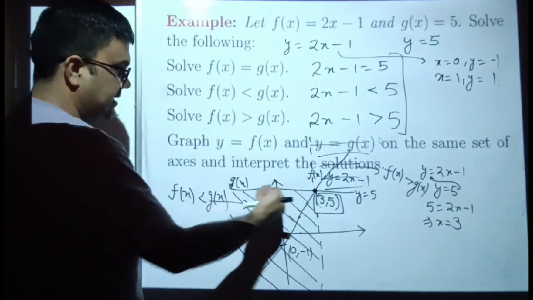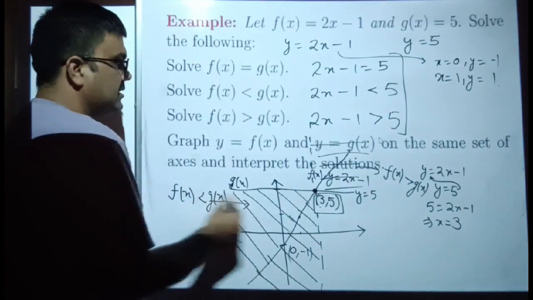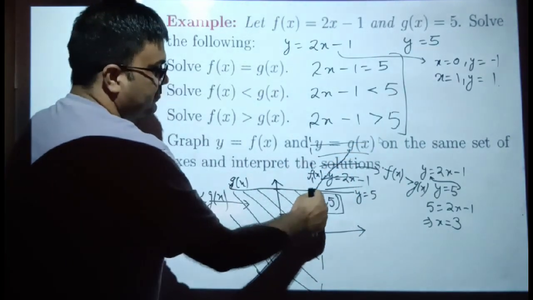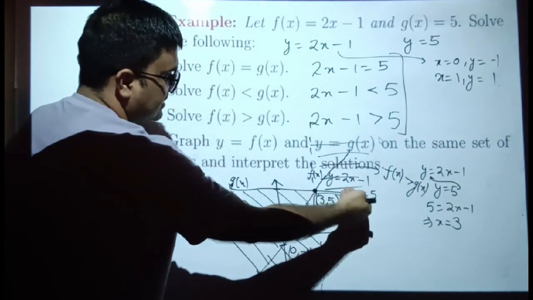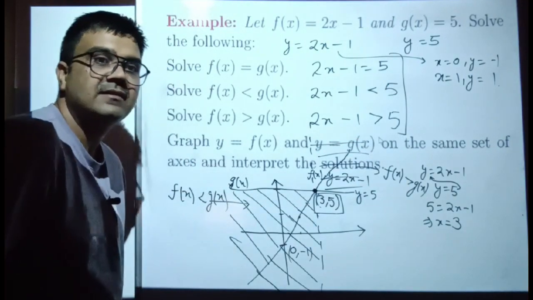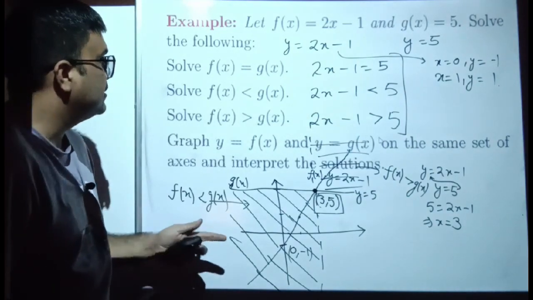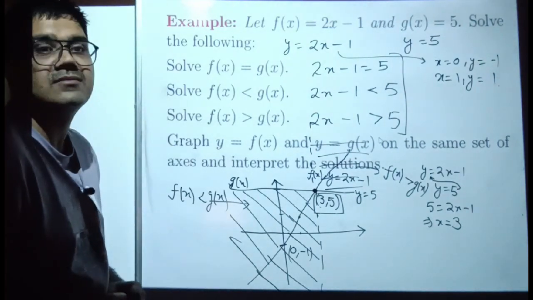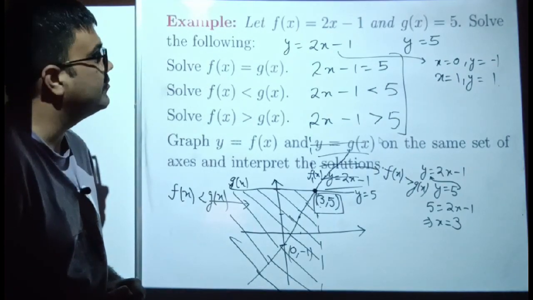We are saying this is the line g(x), and f(x) is less than g(x) for this portion, and at this point both are equal, and after this we have f(x) is greater than g(x). This is the graphical representation of the inequalities that we have.